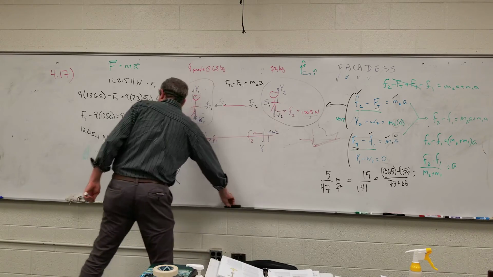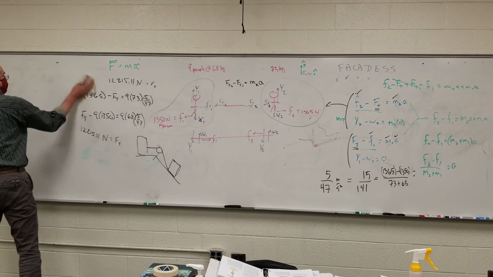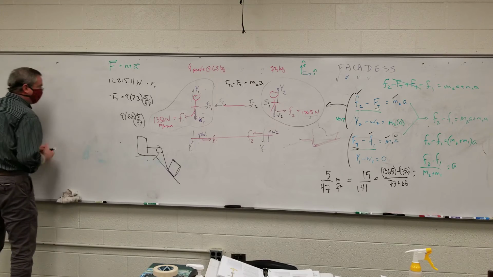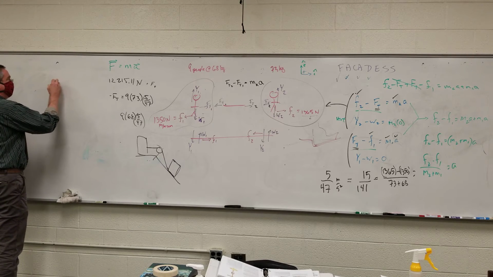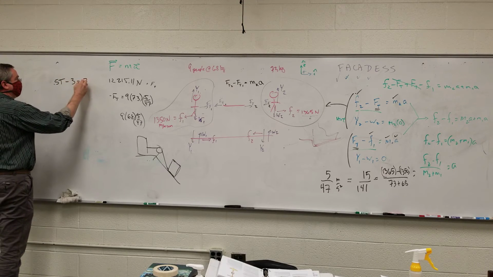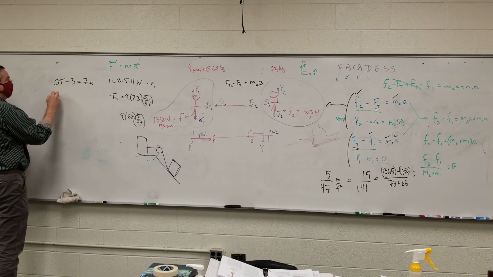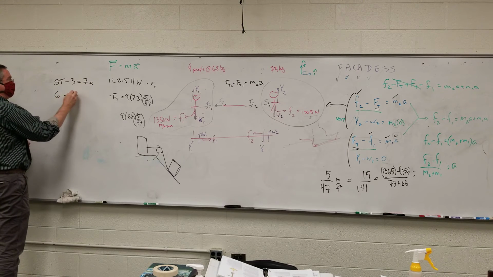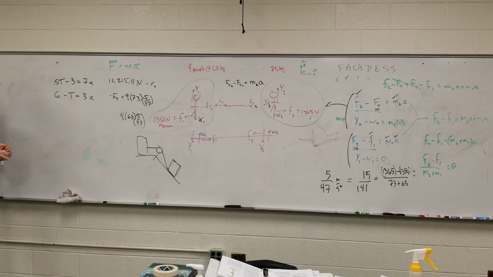So mathematically, if you had 0.5, I'll just do t for simplicity's sake, minus 3 is equal to 7a, and 6 minus t is equal to 3a. In a case like that, when you're trying to solve it, it depends on your technique.